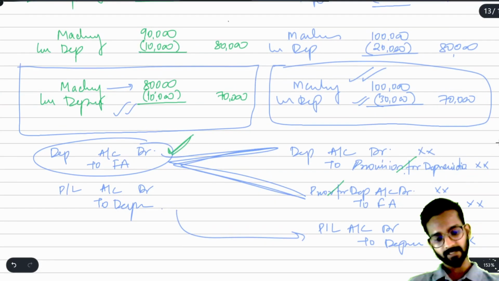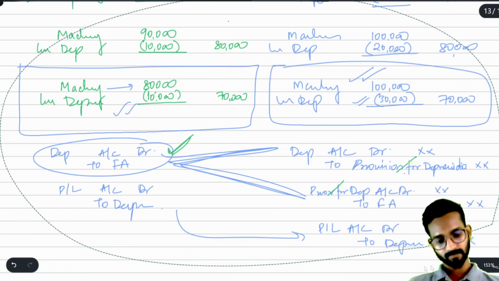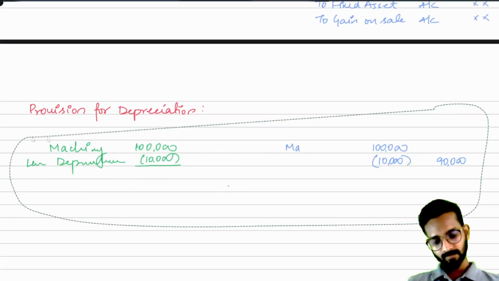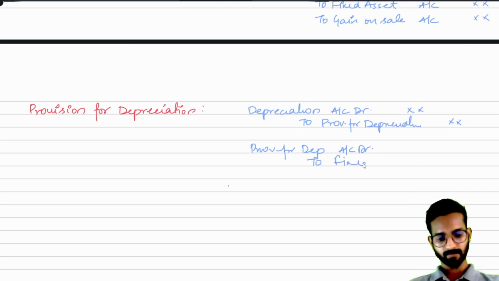Now we will write this entry as depreciation account debit to provision for depreciation, then provision for depreciation account debit to fixed asset, then P&L account debit to depreciation.